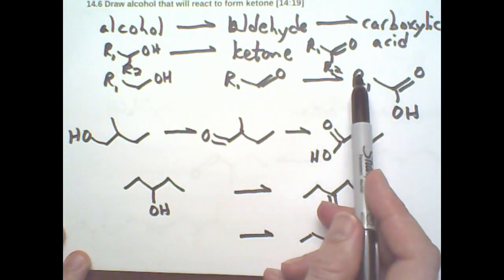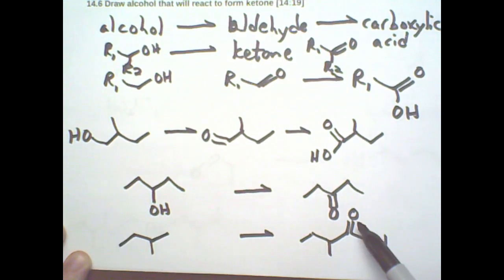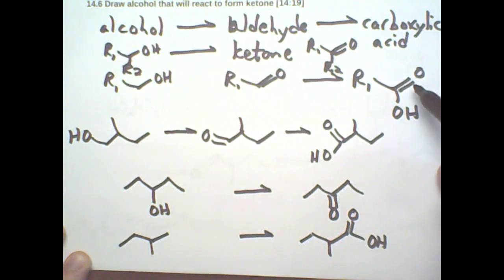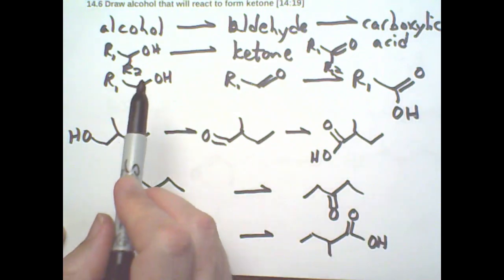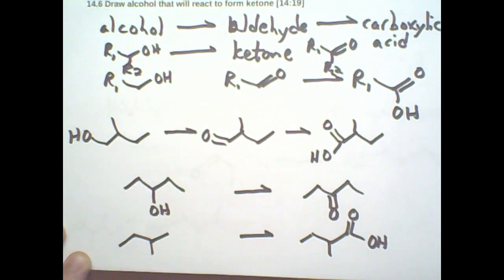Remember, the carbons are going to be the same, so we copy the carbons down. We just have fewer bonds to O. Here we've got 3 bonds to O. We're going to replace those with 1 bond to OH and 2 bonds to hydrogen. So we'll be left with just this OH.